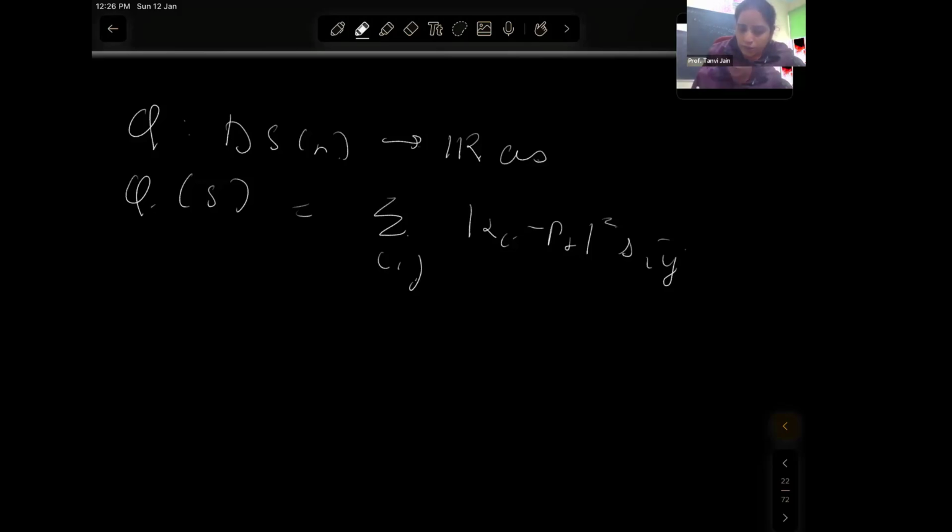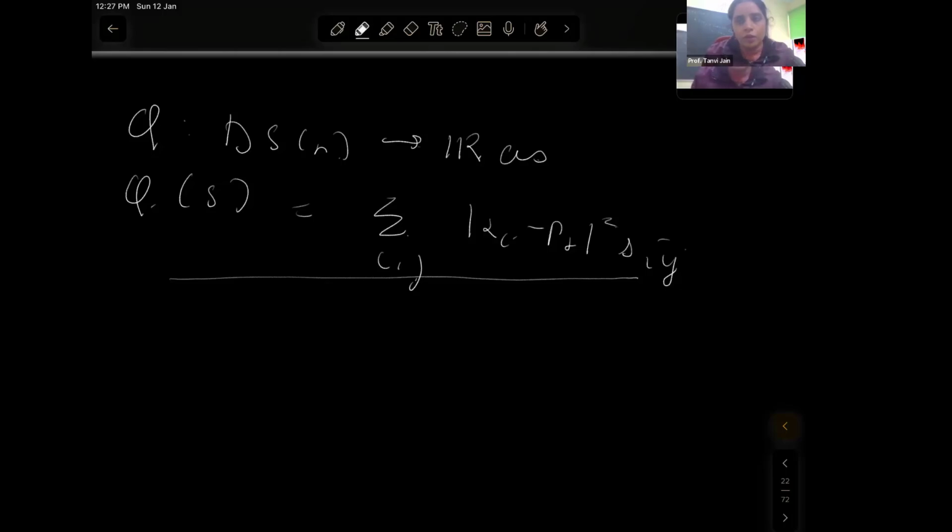So this function now, where will it have the maximum and the minimum? This is an affine function, so the maximum and minimum are attained at the extreme points, that are the permutation matrices.